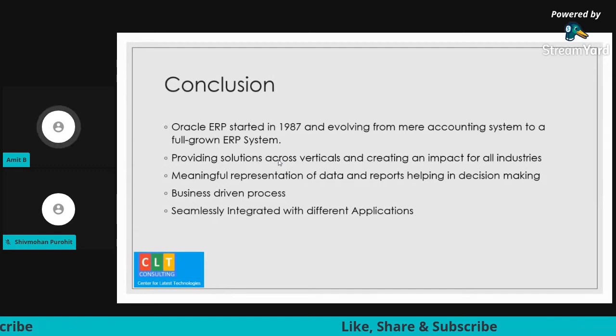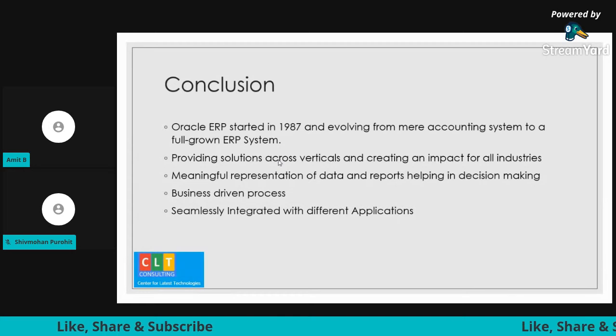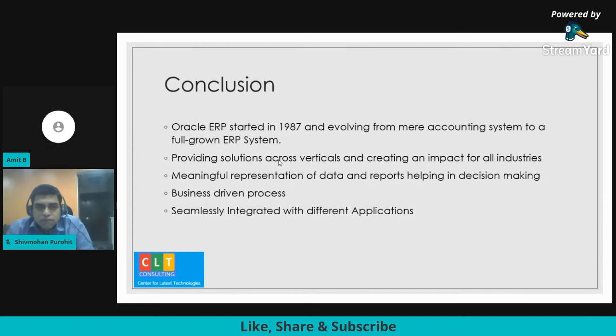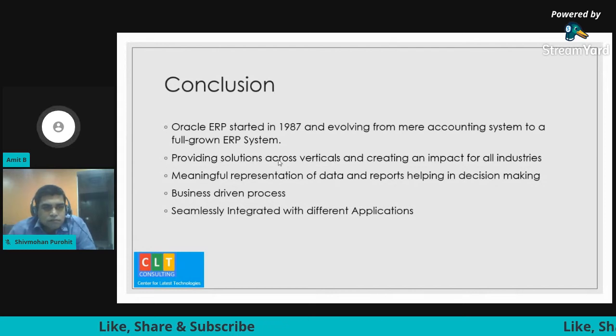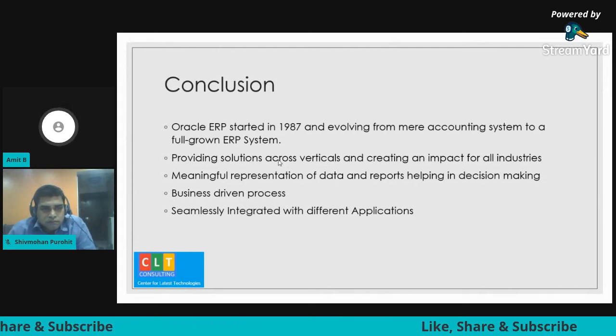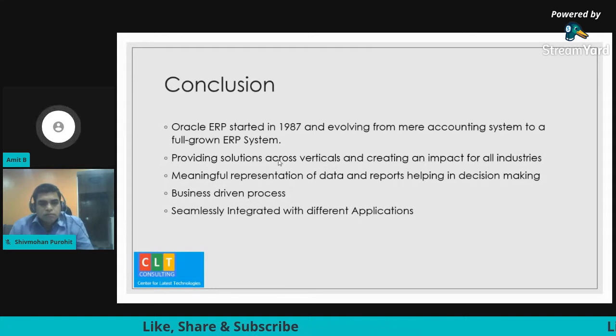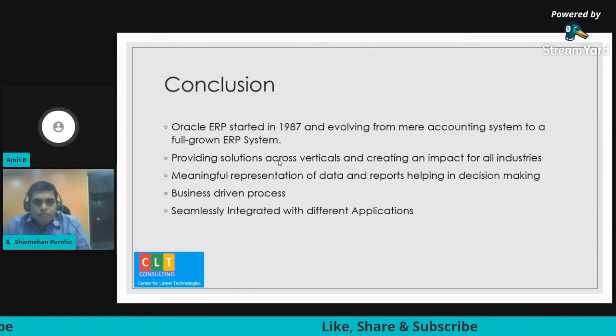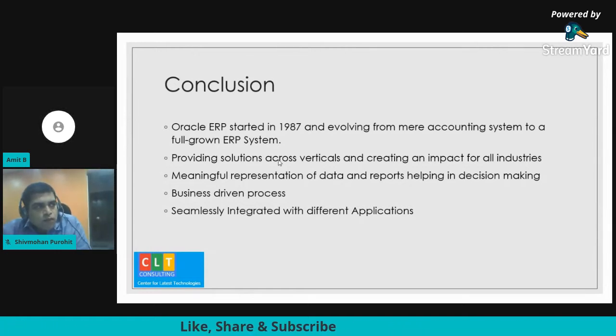It provides solutions across different verticals, and it creates an impact on all the industries. However, in the beginning, it was limited to a certain sector. Now, with all the capabilities it has got, it is catering to most of the industries, and it is very well executed.